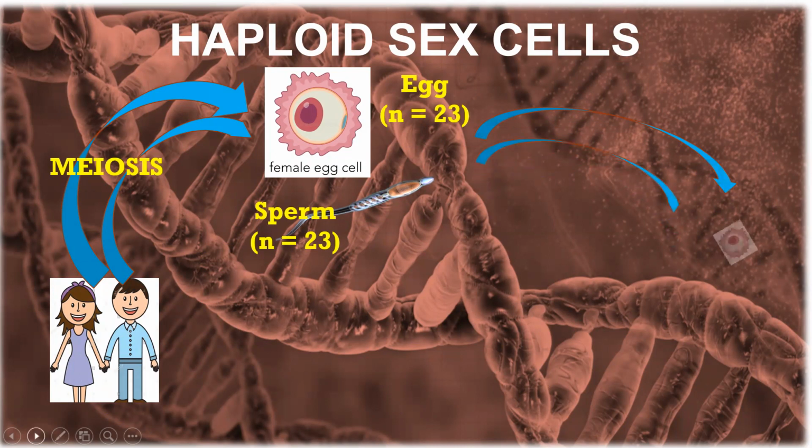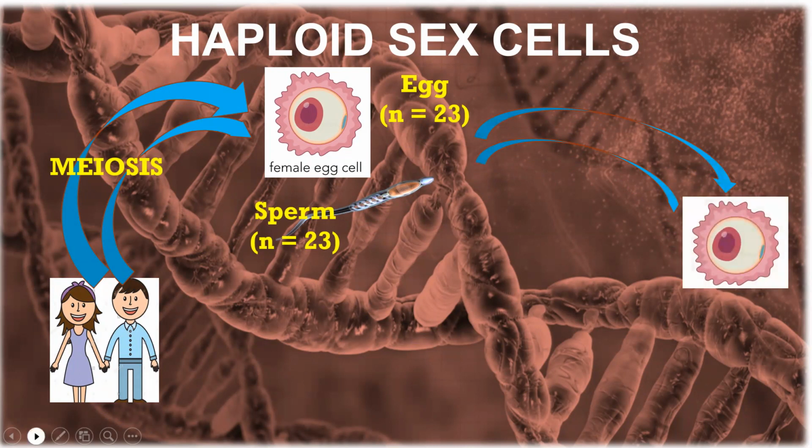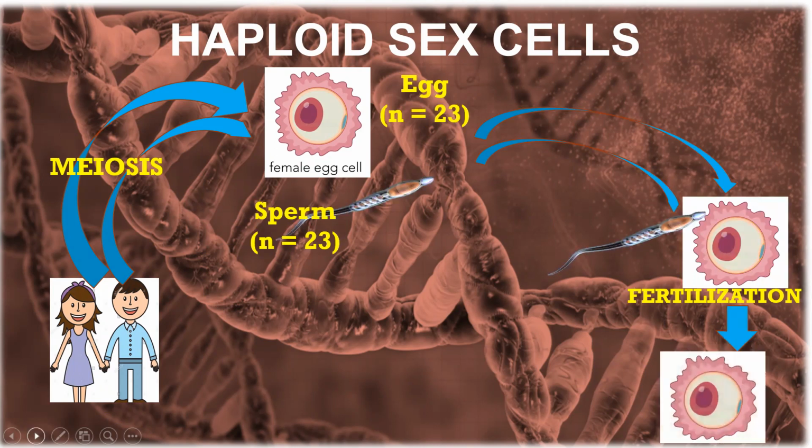Now, what's going to happen? There will be a fertilization of eggs. And then after the fertilization, there will be a diploid fertilized egg, 2n equals 46, or zygote.